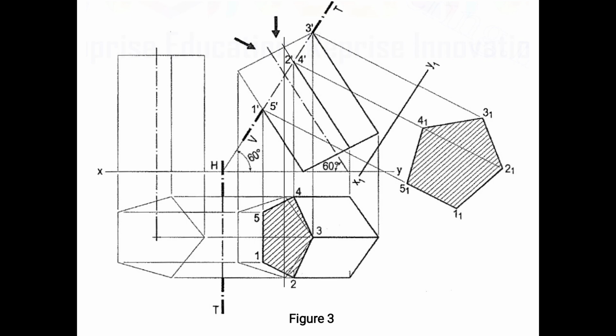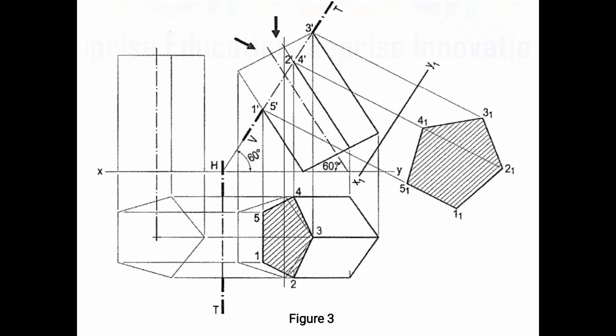After getting the section points, you see the vertical edges which are cut when the section happens. The first is edge 1 2, which is cut at 1 dash and 5 dash.